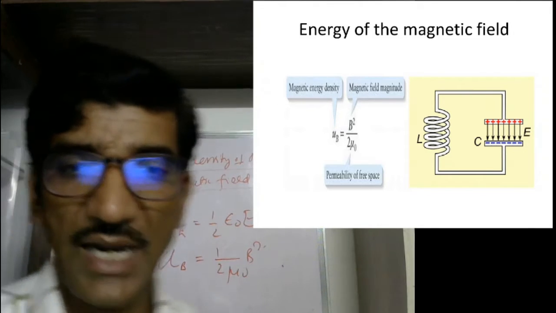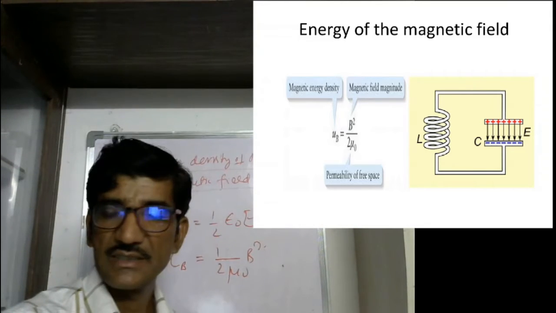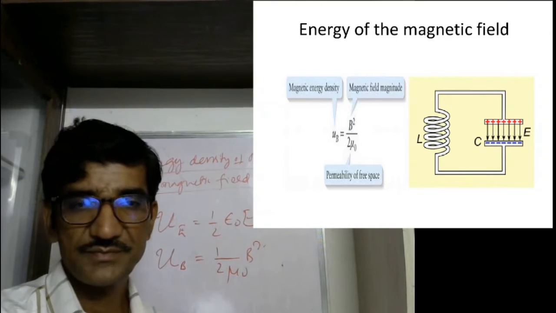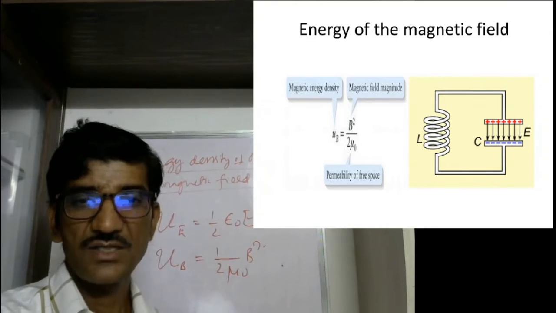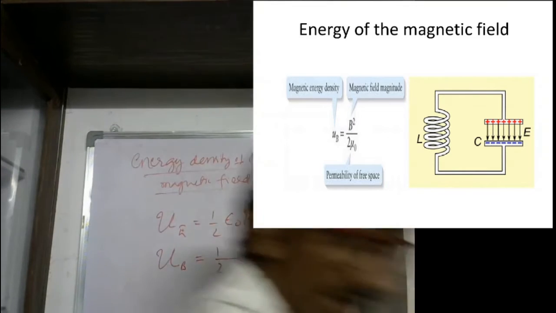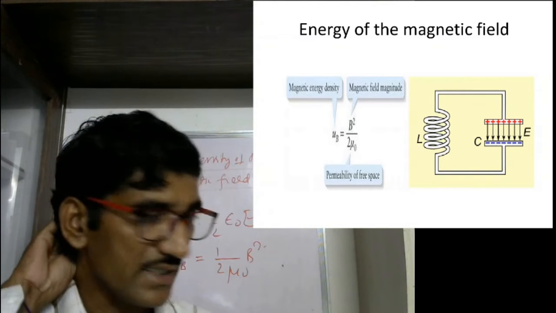Now we have to derive this expression by using the expression for the magnetic field inside the solenoid.